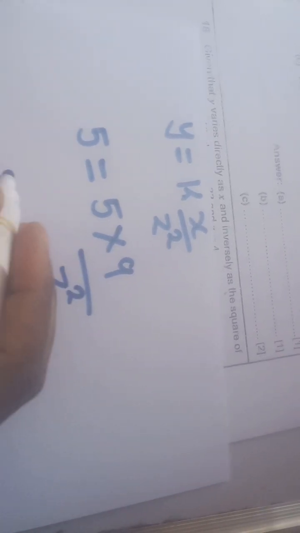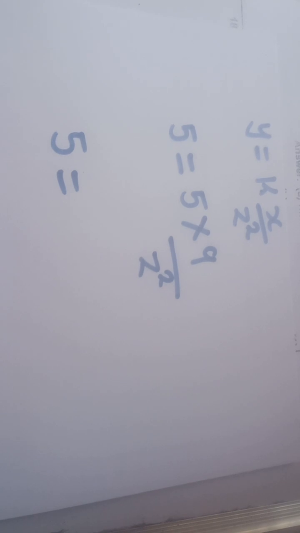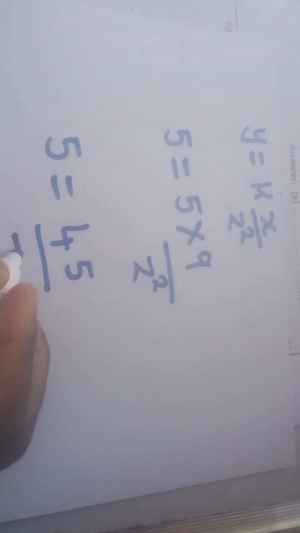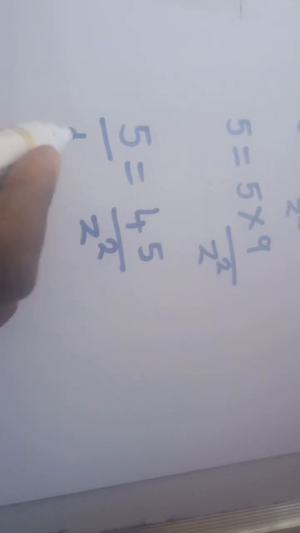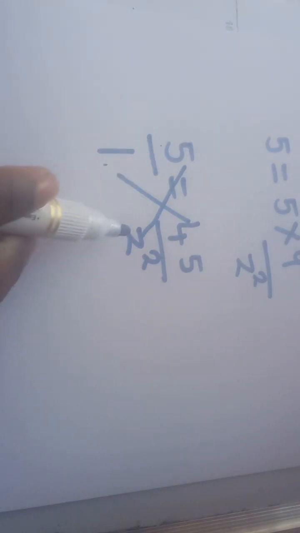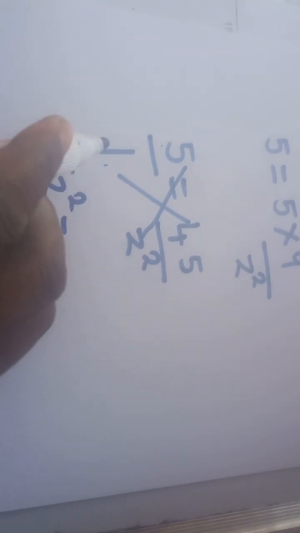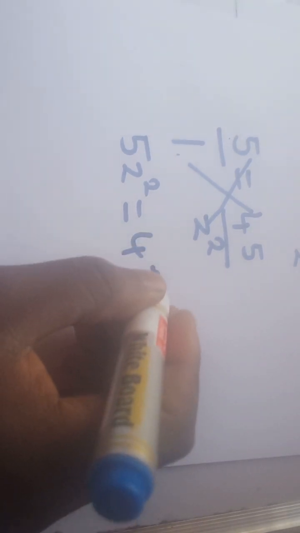So here it will be 5 is equal to, what is 5 times 9? You get 45, over z squared. After that, you put a 1 under the 5, you cross multiply, and then you say 5 times z squared, you get 5z squared equals 1 times 45, which is 45.